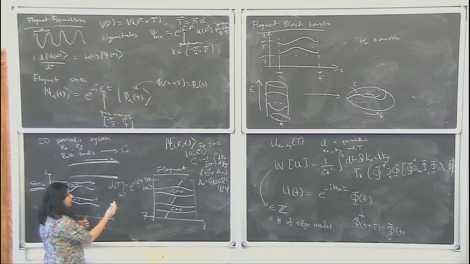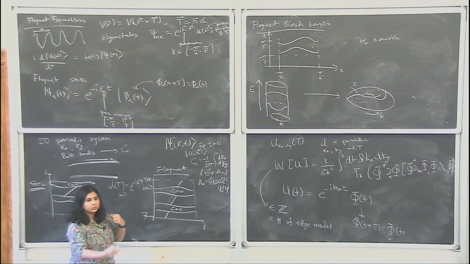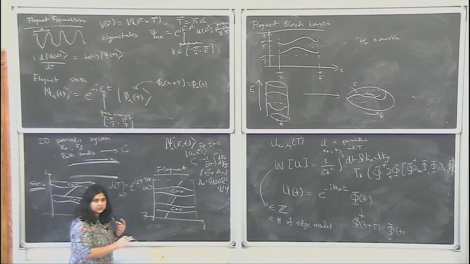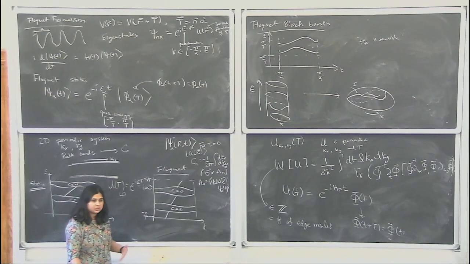When time is no longer a good quantum number, then energy is only defined mod 2π. Likewise, when space is no longer a good quantum number, momentum is only defined mod 2π. So that's the main picture.